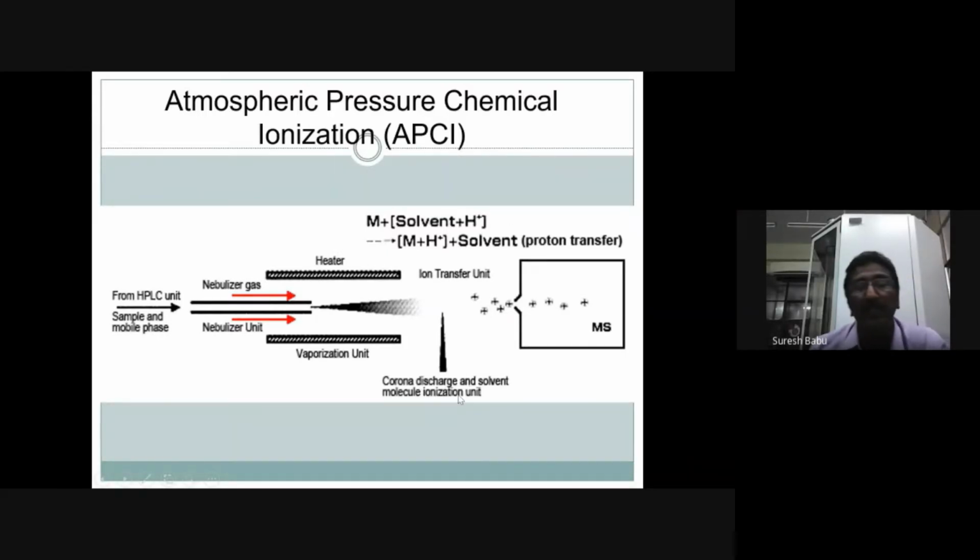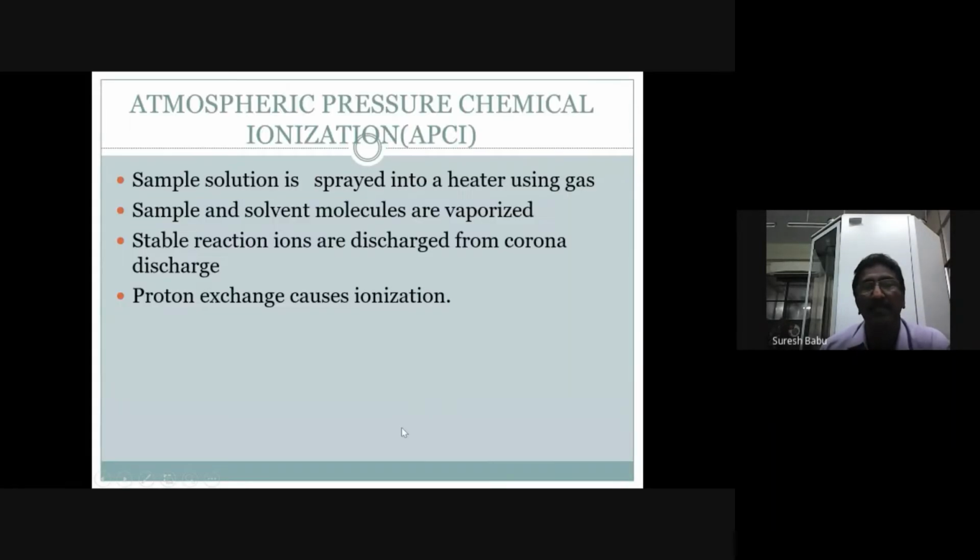The chemical reagent is usually volatile, like ammonia and methane molecules. Due to the collision between the chemical reagent and the sample molecule, charge is imparted to the sample molecules, and finally they enter into the mass analyzer unit.